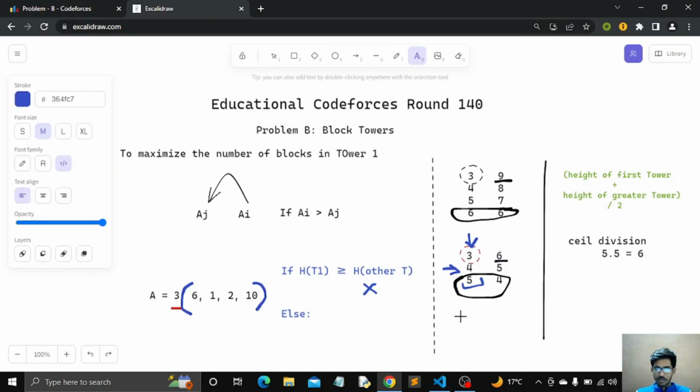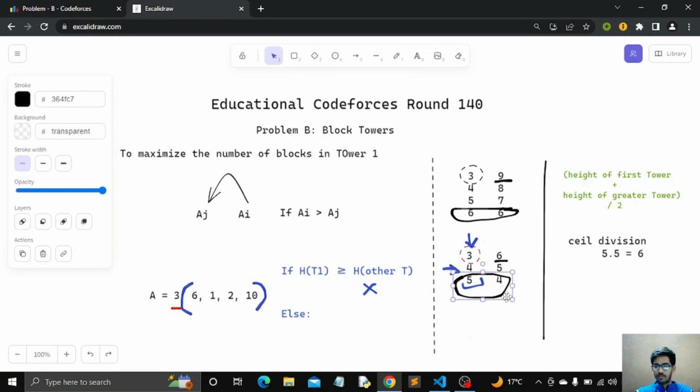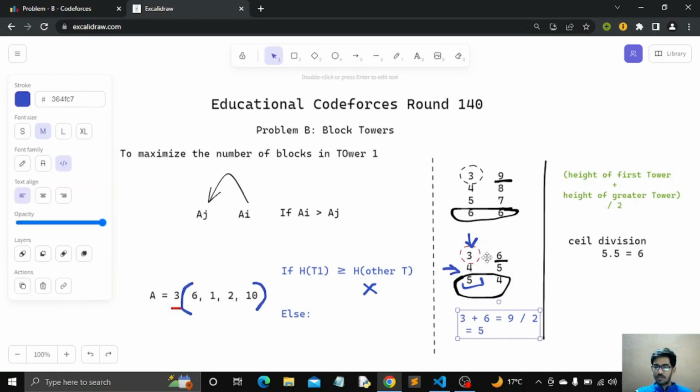So if we do 3 plus 6, it gives us 9, and if we divide 9 by 2, here we are considering ceil division, which means if after dividing we are getting 5.5, we are going to consider 6. So 9 by 2 ceil division gives us 4.5, so we are going to consider 5. As you can see, with this formula we can get the updated height of tower 1.